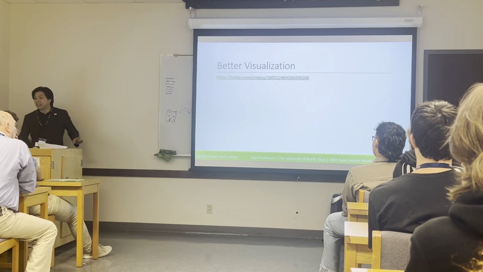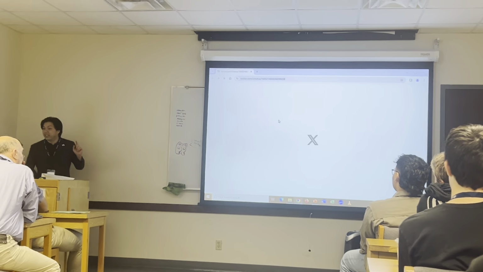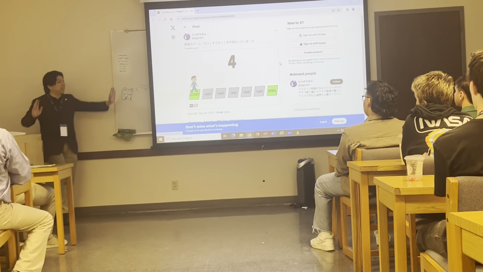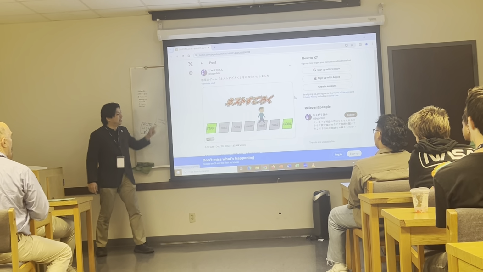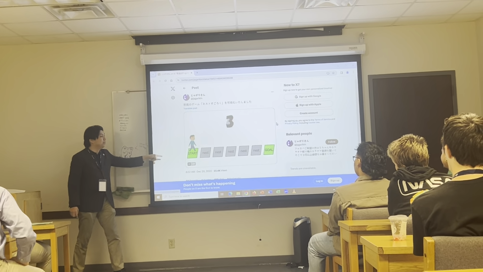So instead, there's a better visualization from somebody on Twitter, no, it's X. You don't have to understand Japanese, but you can see the visualization. So you stop at the nest, roll the die, 2, nest.